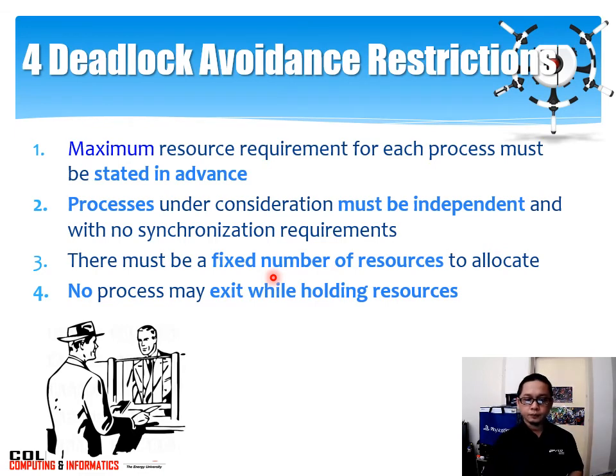For the fourth one, no process may exit while holding resources. It means that once a process finishes, it must release all the held resources so that they can be used by other processes. So these four restrictions must be complied with for this deadlock avoidance method to work.